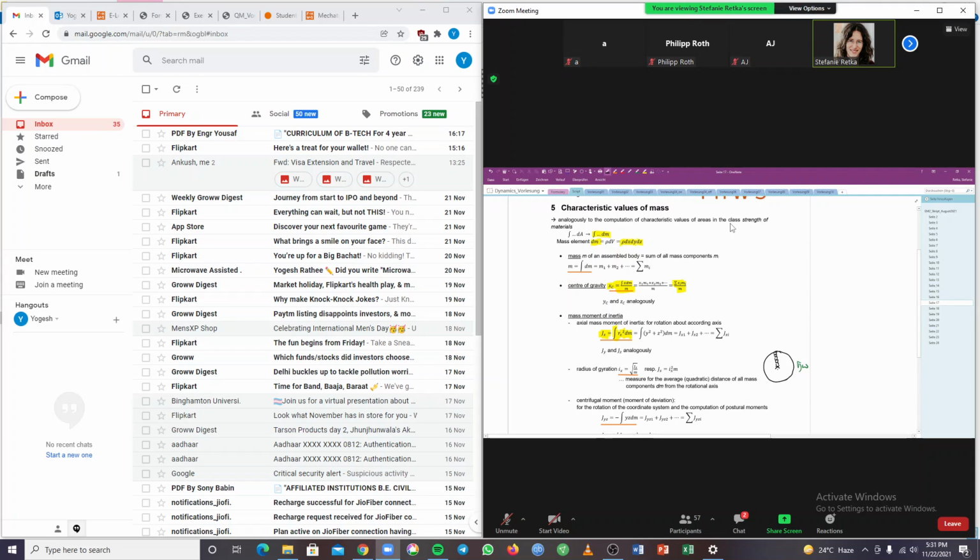And they have different distances from the axis of rotation, from the center of the mass in our example. And the radius of gyration refers to the average distance of all masses. And then the square of the average distance, of course, would be here somewhere.